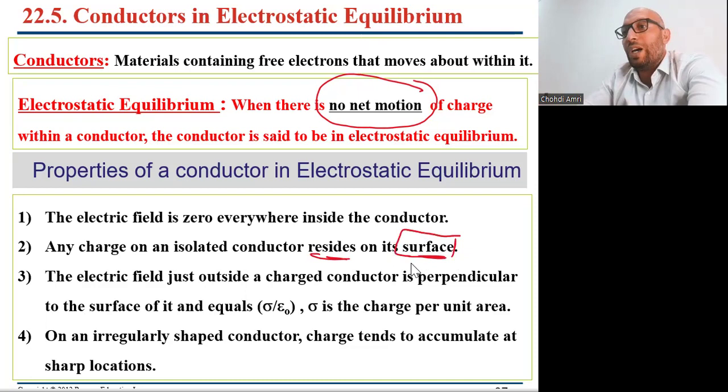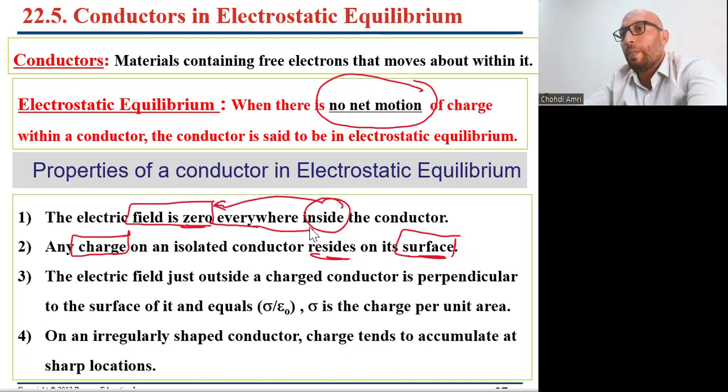So where are the charges of the conductor located? On the surface. The electric field is 0 everywhere inside the conductor. The third property: the electric field just outside is perpendicular to the surface and equals sigma over epsilon naught. Not 2 epsilon naught, it's sigma over epsilon naught.